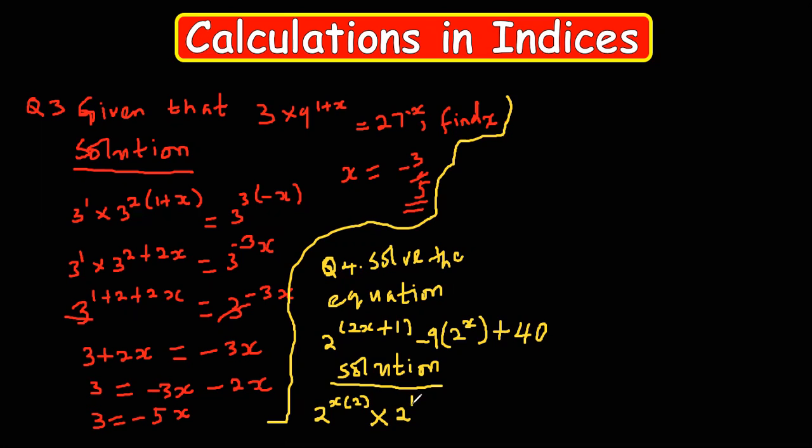This is according to the multiplication law of indices and the power law of indices. Then we have minus 9 brackets 2 raised to the power of x close brackets plus 4 equal to 0.